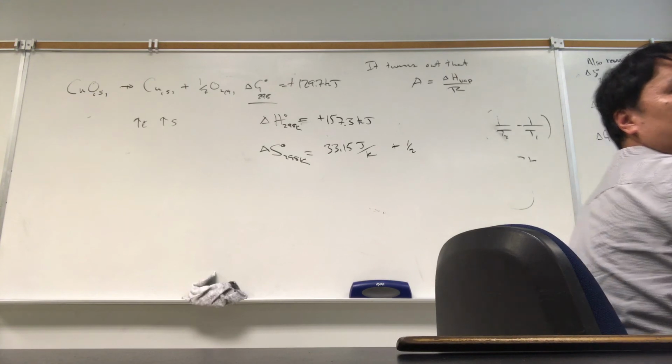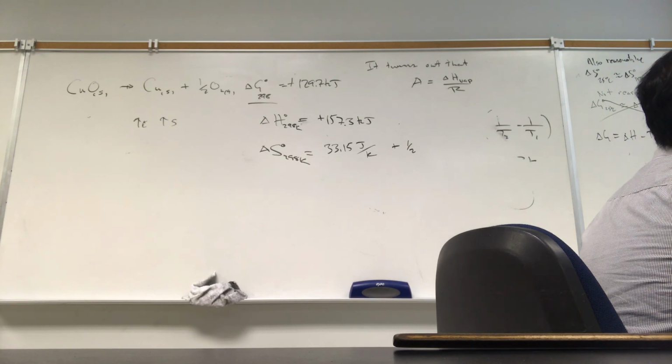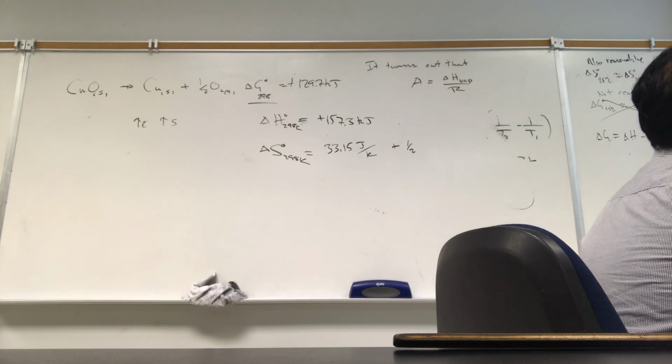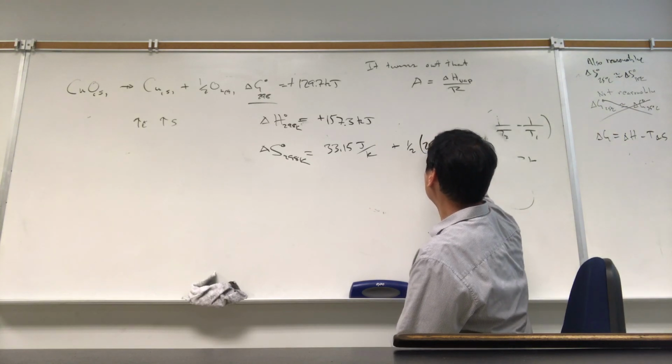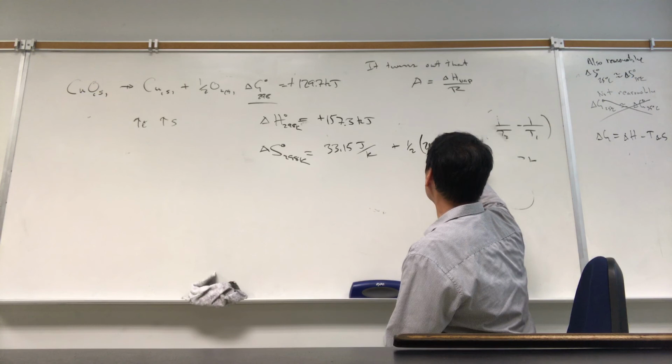I'll have to scroll to the O2. And let's go to the next page here for oxygen. O2 is 205.1. And so I only have 1/2 a mole, so the entropy should be half. So this is going to be joules per Kelvin.